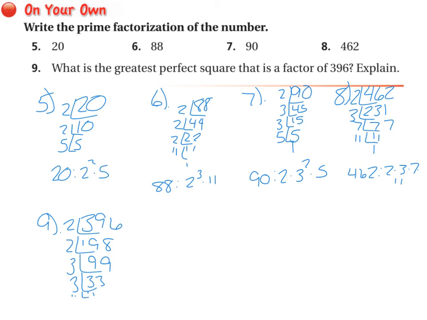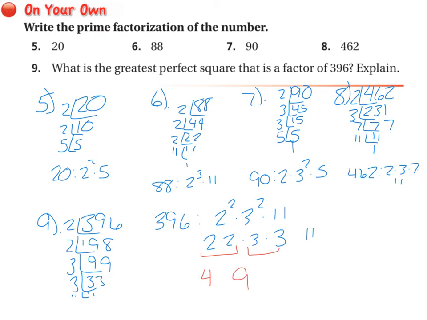So my factorization for 396 is going to be 2 squared times 3 squared times 11, or we could write that as 2 times 2 times 3 times 3 times 11. So my perfect squares that fit in here, here's one perfect square, 2 times 2, one of my perfect squares is 4. Another perfect square, 3 times 3 is 9.